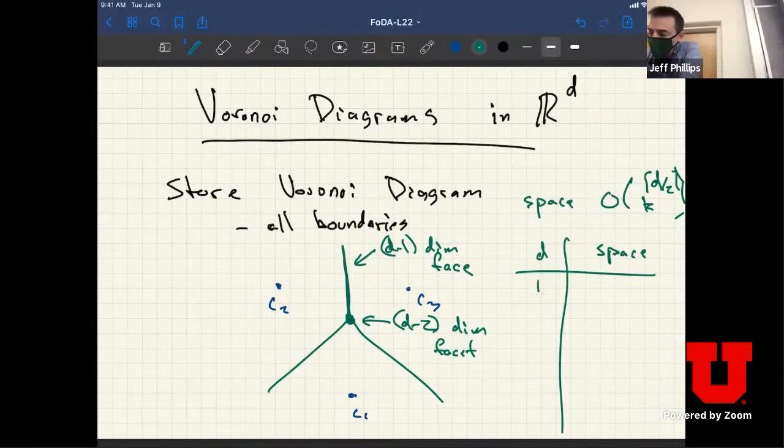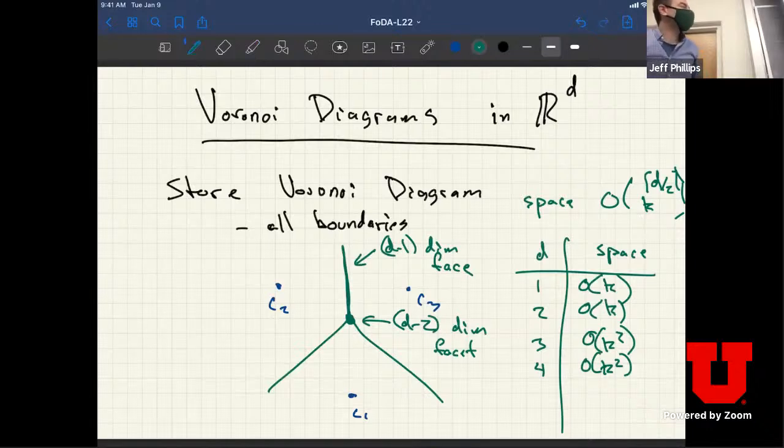The space for dimensions 1 and 2 is going to be O of K. The space for 3 and 4, this is going to be K squared. This is asymptotic, right? So it's all K squared space. If I get up to, like when the dimension is 5, this is K cubed, right?